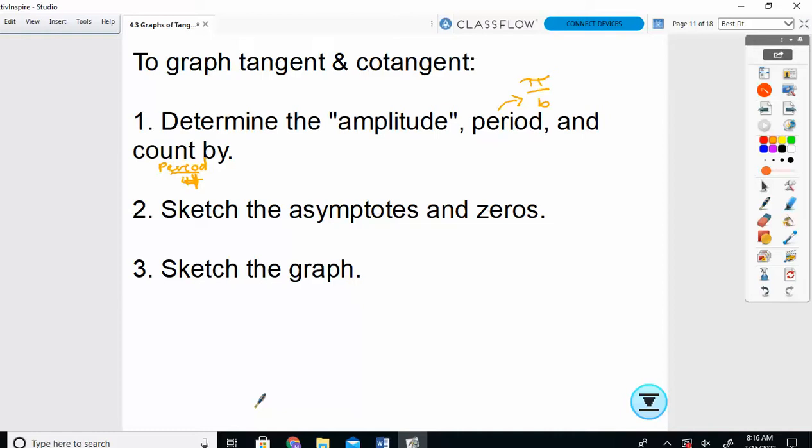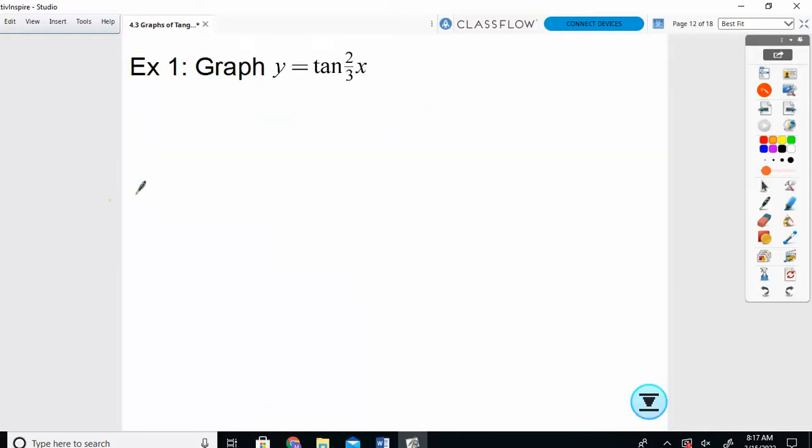Then we'll still do where we normally plotted points, we will put the asymptotes in the zeros and sketch the graph from there. The interval we talked about with sine and cosine, sometimes you need it, sometimes you don't. It can be useful to do it every time with tangent and cotangent just because the intervals are a little bit weird. Anyway, so that sometimes helps people.